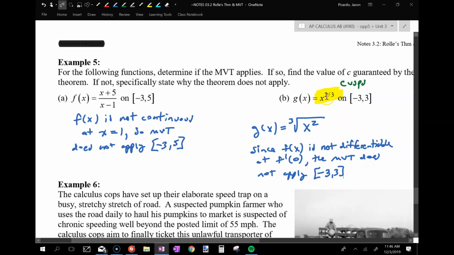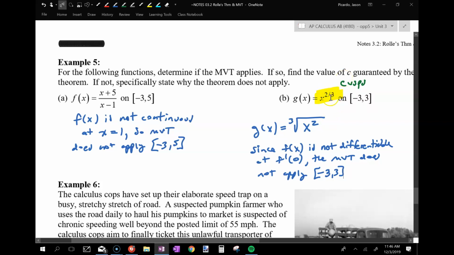You're looking for those fractional exponents. When you have those fractional exponents or something that looks like this, you're going to have cusps. I think for the purposes of what we're doing, you're going to have cusps. Yep.